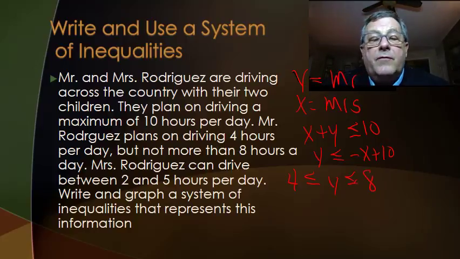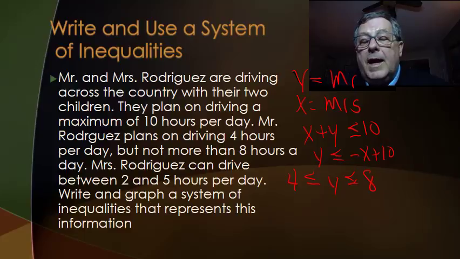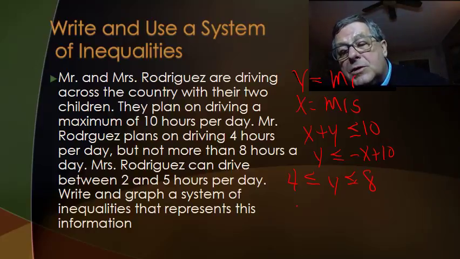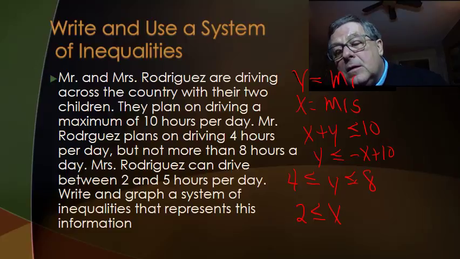So he plans on driving between 4 and 8 hours a day, while Mrs. Rodriguez plans on driving between 2 and 5 hours a day. 2 less than or equal to x, and less than or equal to 5.